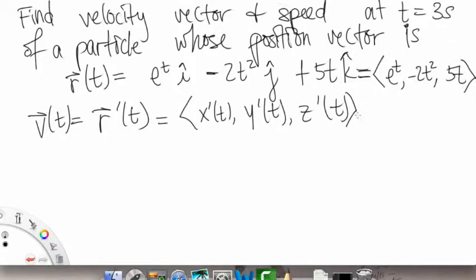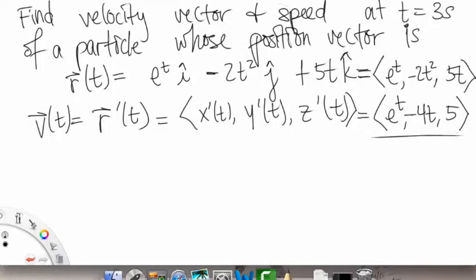So what we're going to get is the following. If we take the first derivative here, we get e to the t. Then we get a negative 4t for the second component, and simply a 5 for the last component. So this is our velocity vector.